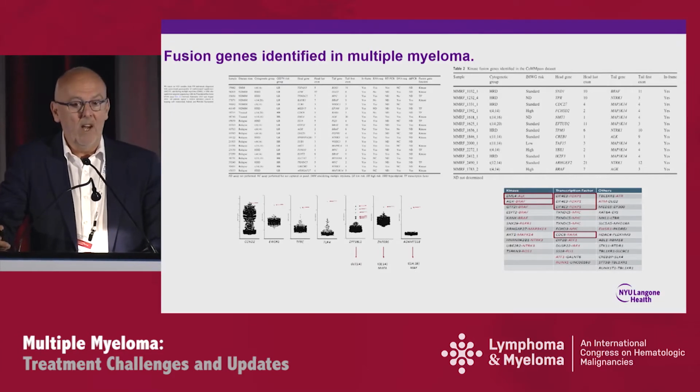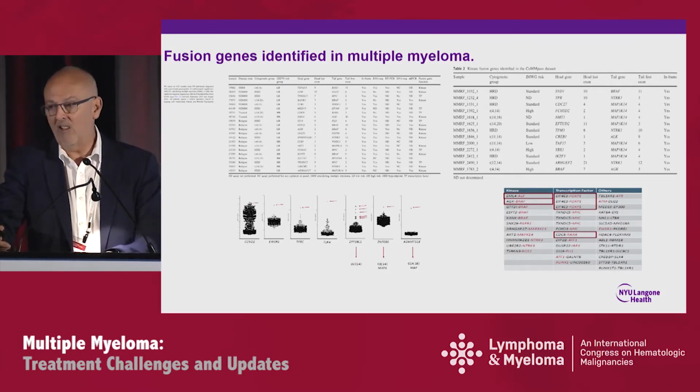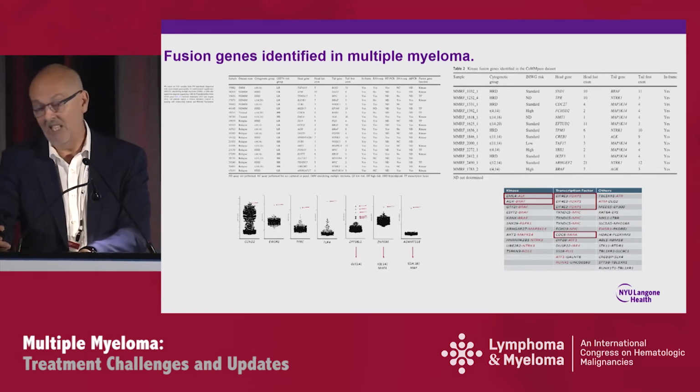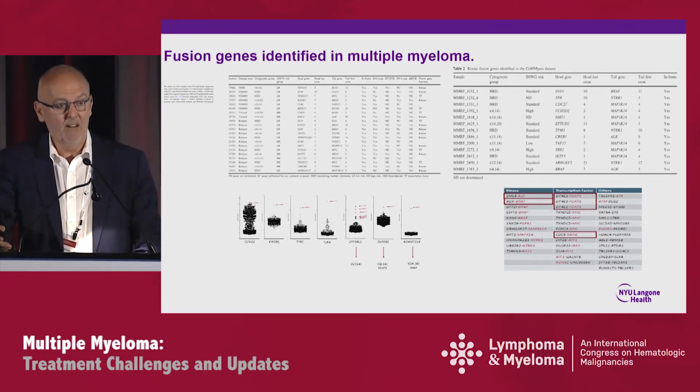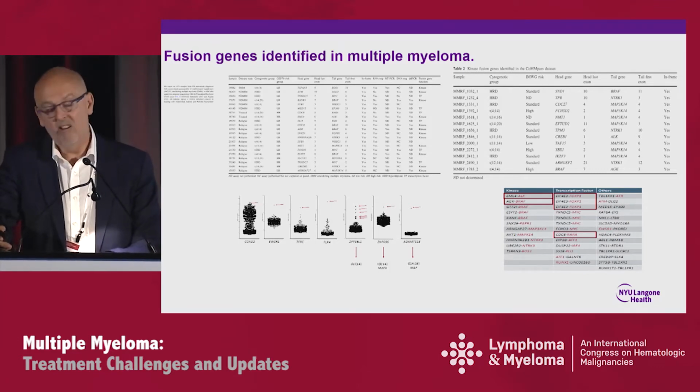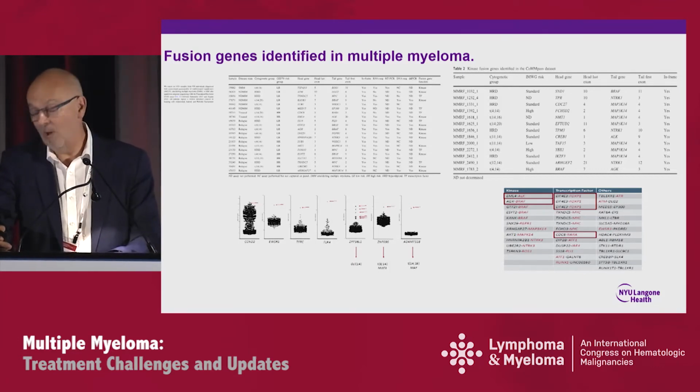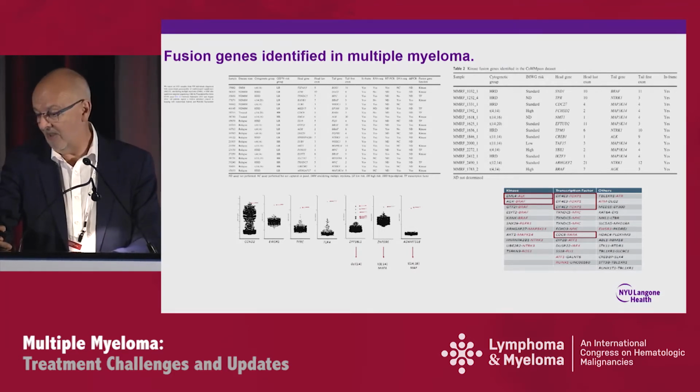Fusion genes, where one part of the genome moves to another part and a novel species is formed. We don't really hear much about these in myeloma. But again, they occur recurrently. It's about 1 to 2, maybe 3% of the total.